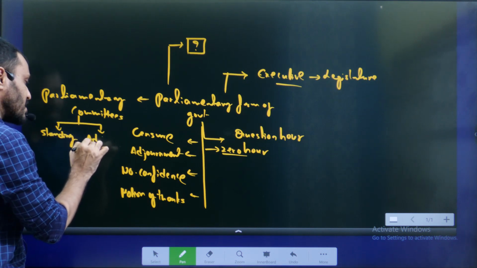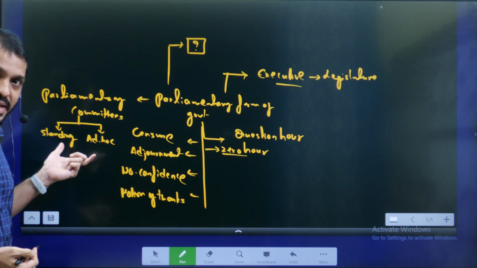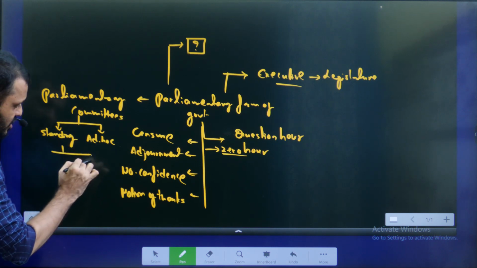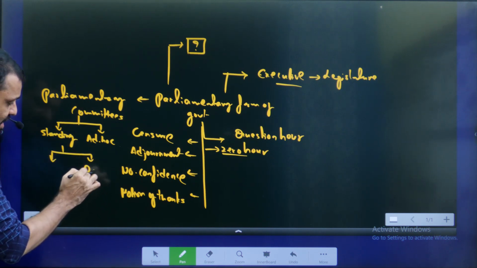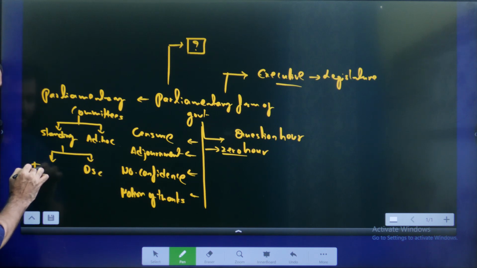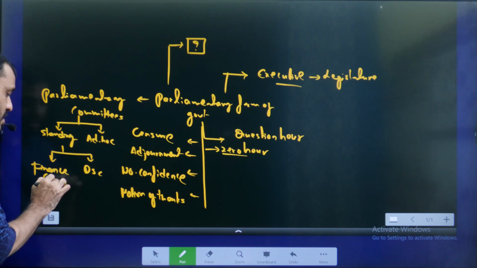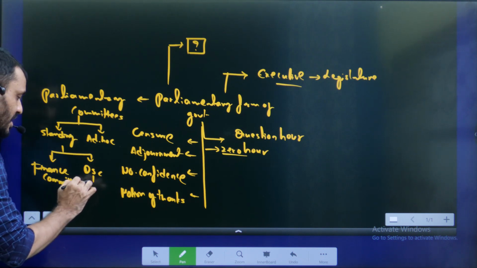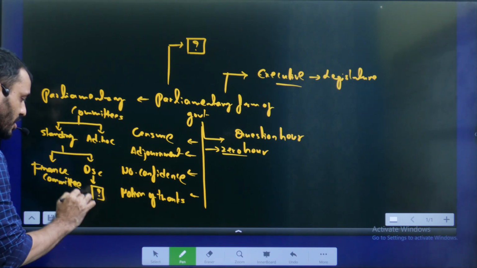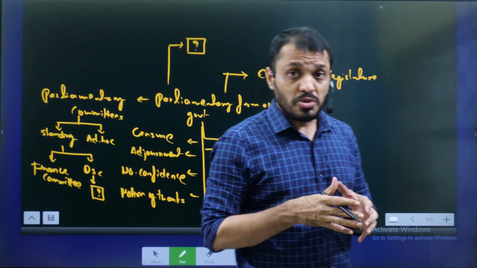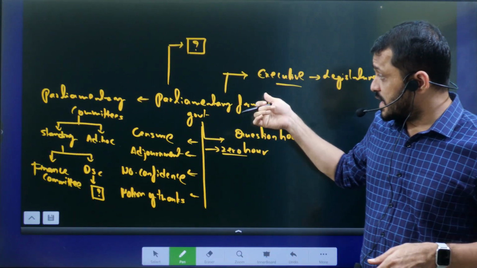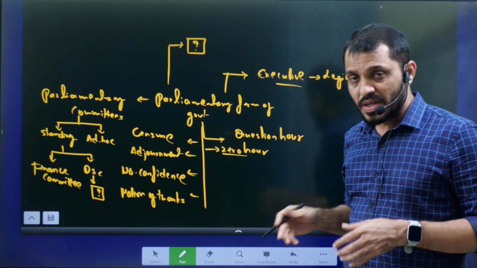Ad hoc means temporary, standing means permanent committees. Again, standing committees are of two types: departmental standing committees and finance committees. Tell me students, how many departmental standing committees are there at the moment? How many of them are operating? So this is the way the executive will be controlled by the legislature.